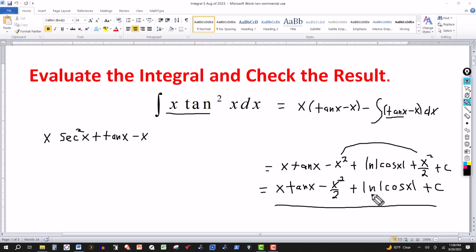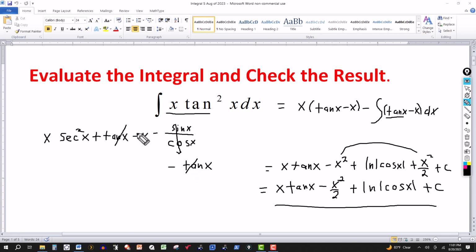So for the natural log, the derivative is simply you put the value of the function, cosine of x, in the denominator, and you take the derivative of cosine, that's minus sine of x. So we have minus sine of x over cosine. But this right here is just tangent, so this is going to be minus tangent. And then I got a plus tangent over here, so those cancel out.